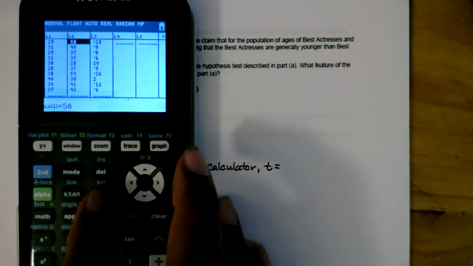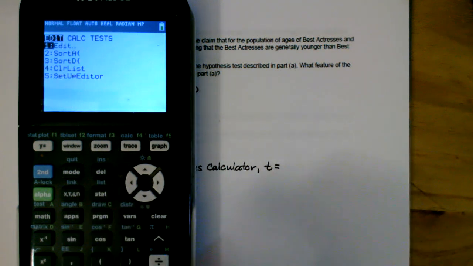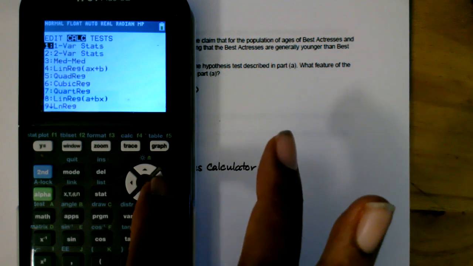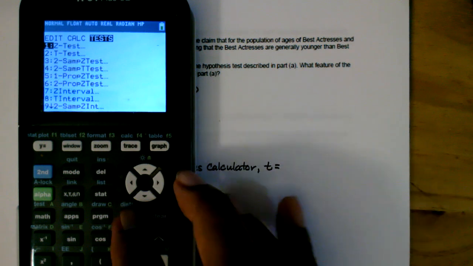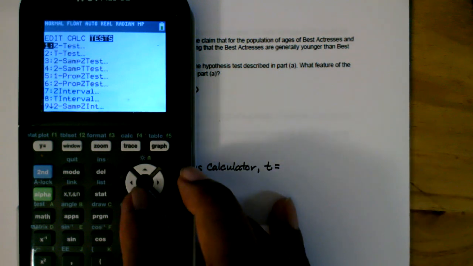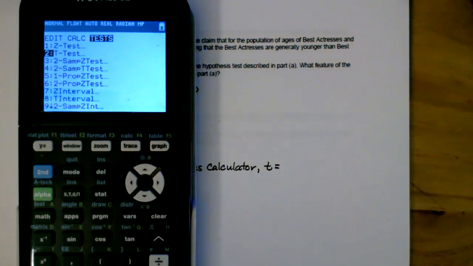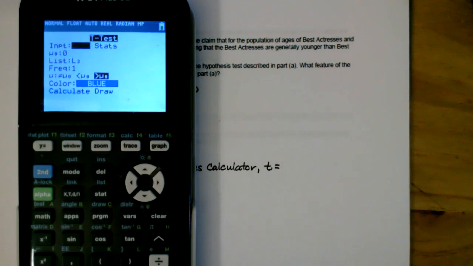Okay, so let's do this. I'm going to go to stats. Then I'm going to go over to test using my right arrow key. Now, I'm selecting menu item number 2, which is t-test. So here we're going to do a t-test. Press enter.